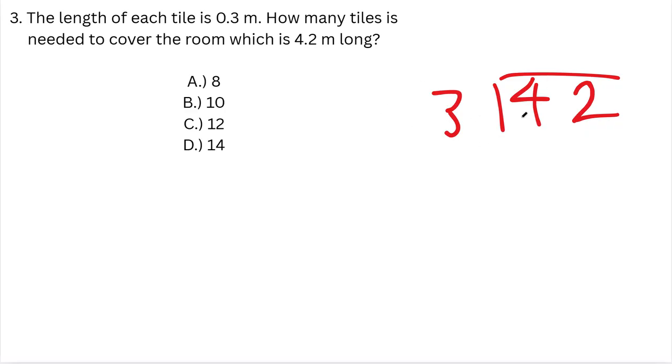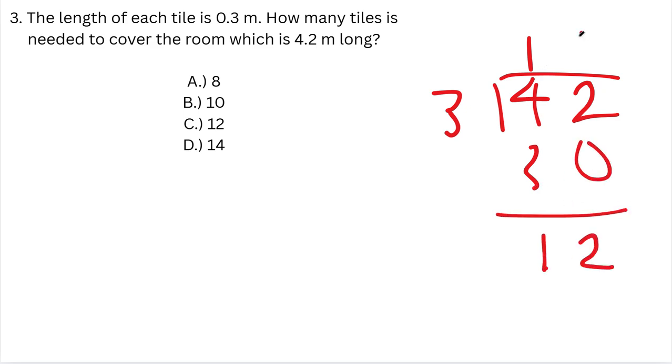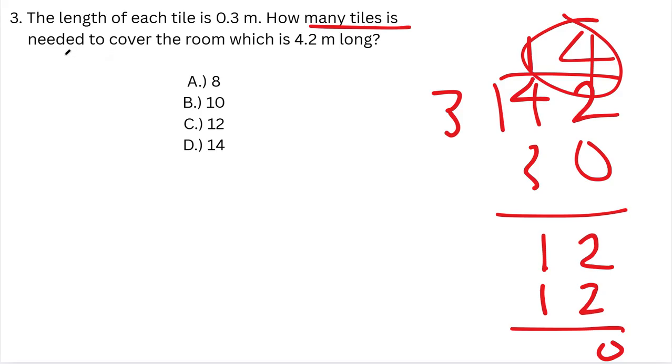First thing, how many times does 3 go into 4 is 1. Subtract that, that is 12, and 3 goes into 12 4 times. And you get a remainder of 0, and your final answer is 14 tiles that you need to cover the room, which is 4.2 meters long.